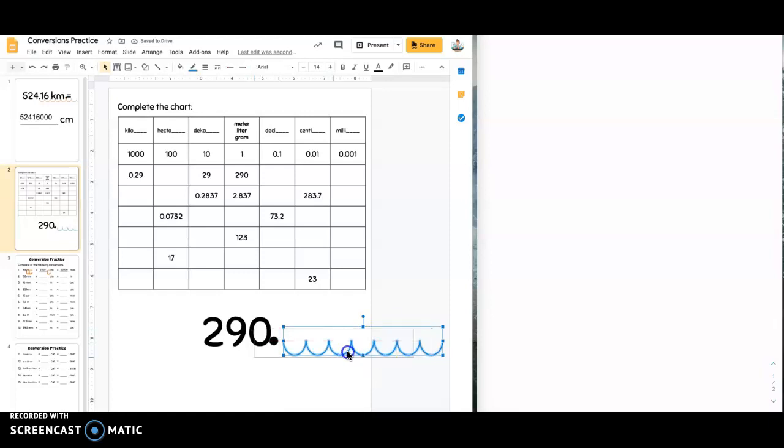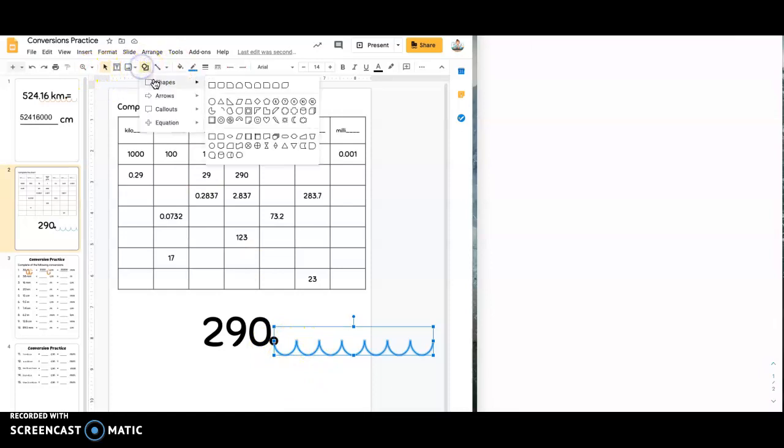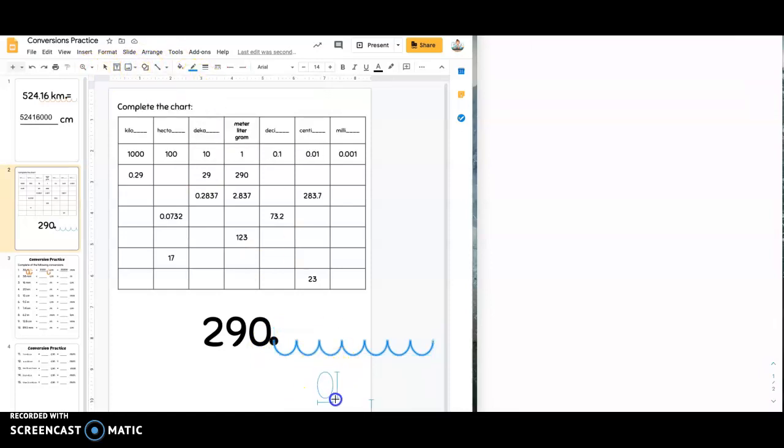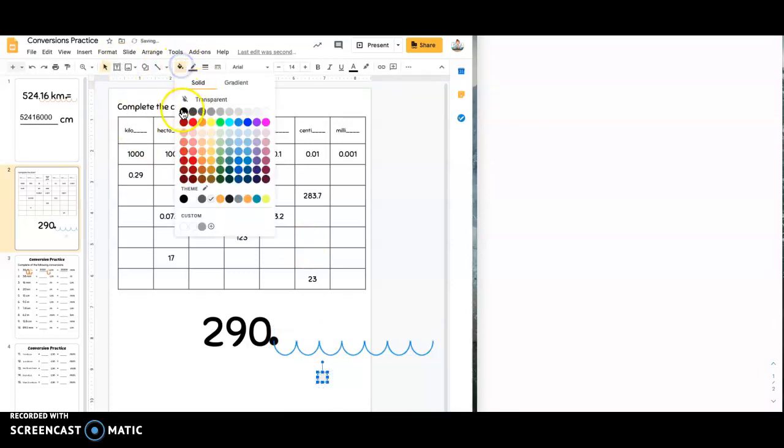So we're going to move it, and we're going to put it on that decimal, and then we can take our other decimal and move that however many we need.